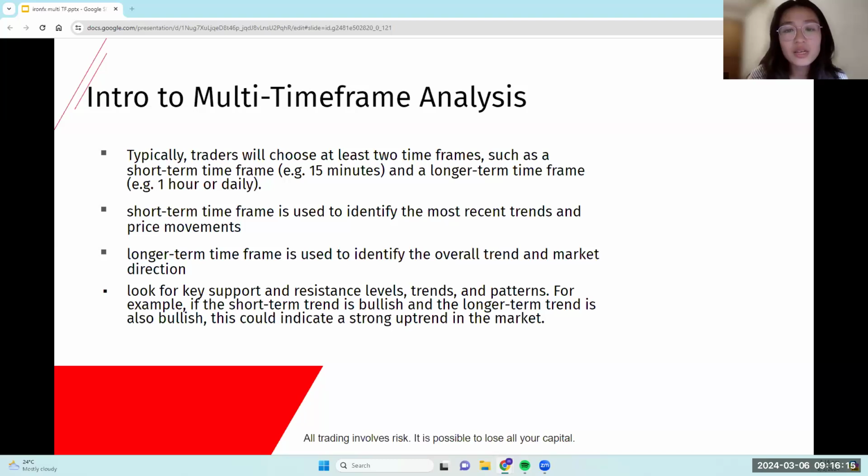For example, if the short-term trend is bullish, then you might look into buying on dips or pullbacks in the market. Conversely, if the longer term trend is bearish, then you might look to sell or short the market. It basically helps you to zoom out and look at the bigger picture, analyzing trends and patterns from multiple time frames.